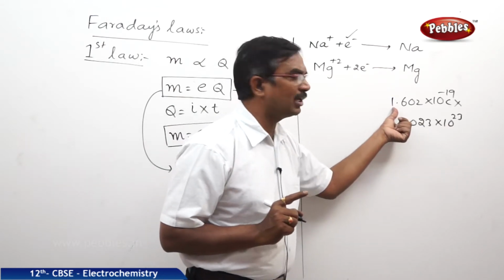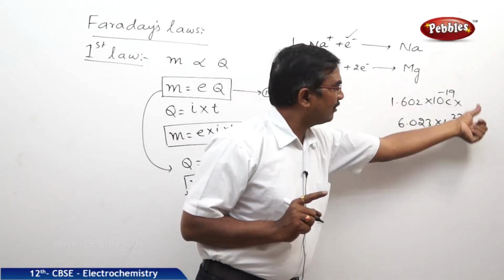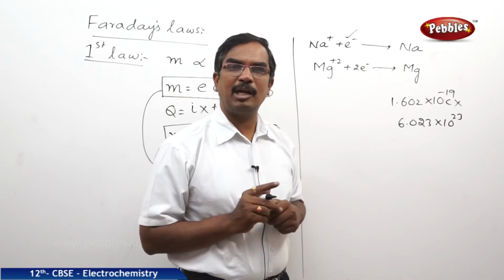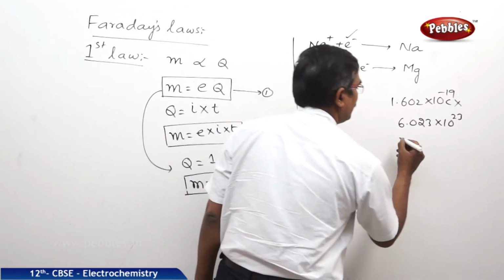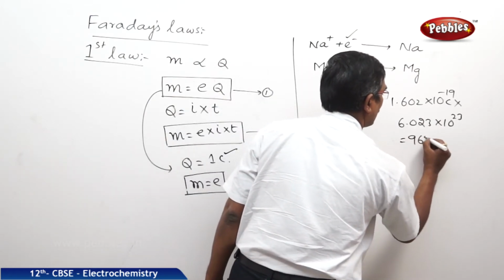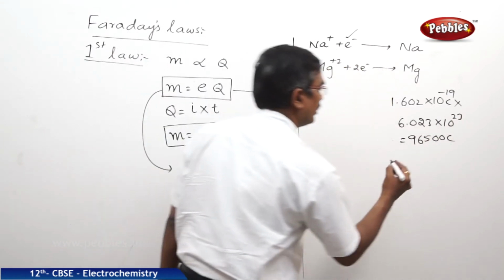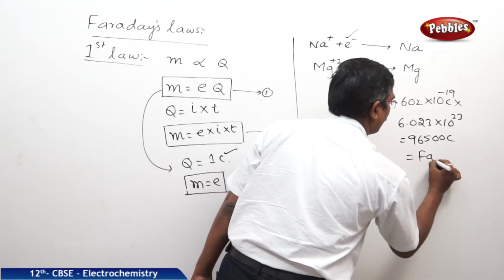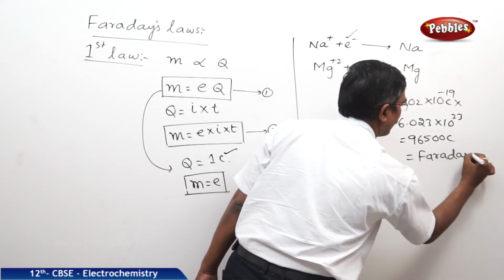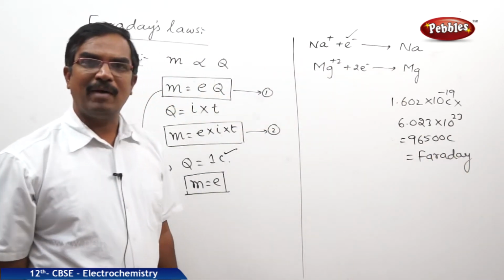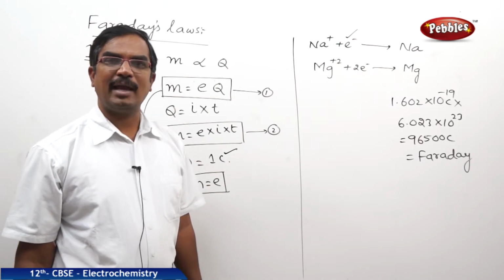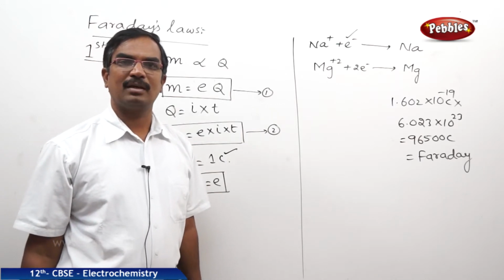This is the charge of a single electron, and the product of this gives the total charge carried by 1 mole of electrons, which is 96,500 coulombs. This is 1 Faraday. So simply, Faraday means the charge carried by 1 mole of electrons.